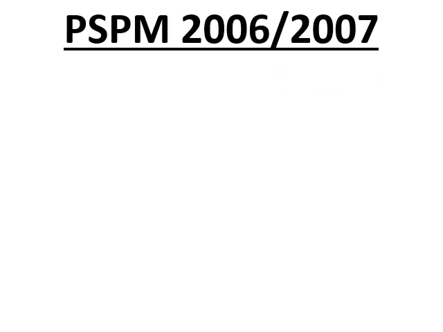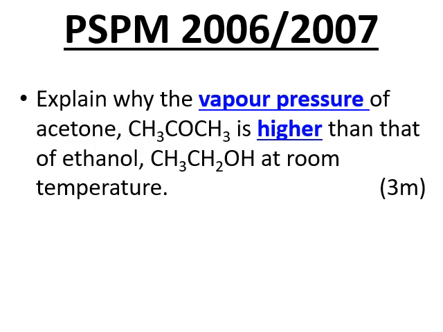Now let's look at one question. Explain why the vapor pressure of acetone is higher than ethanol at room temperature. So again, vapor pressure for acetone is higher than ethanol. So we have to relate with the intermolecular force.